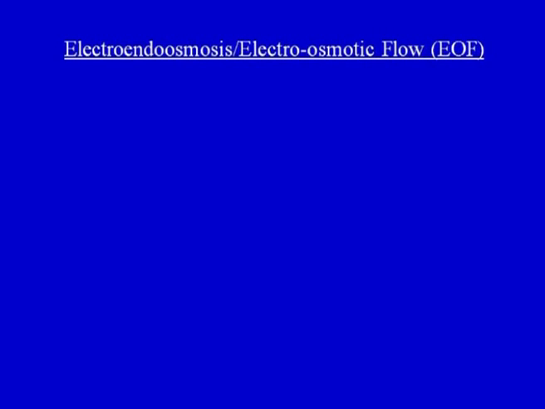Now, the third important factor which affects your electrophoresis run is electro-osmotic flow, or electroendoosmosis, EOF as we call it. Electroosmotic flow refers to migration of the bulk liquid towards the cathode, and the phenomenon happens because of formation of a double layer at the wall of the capillary.